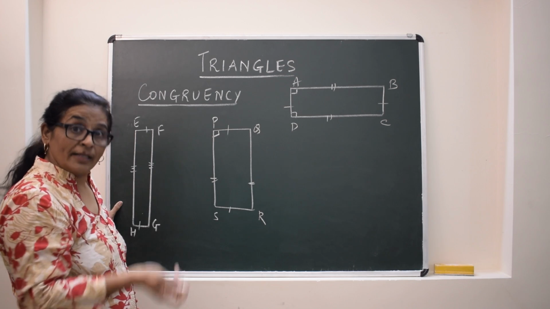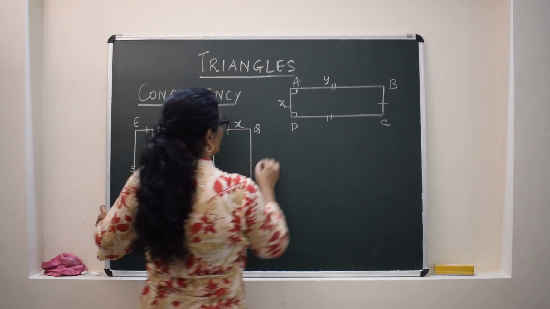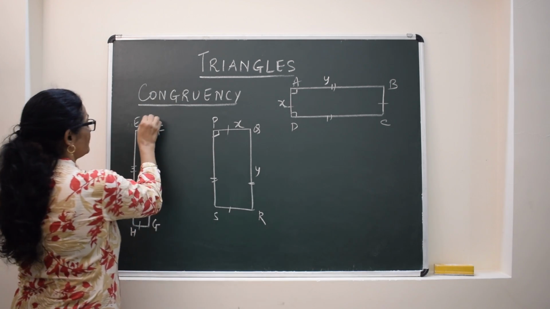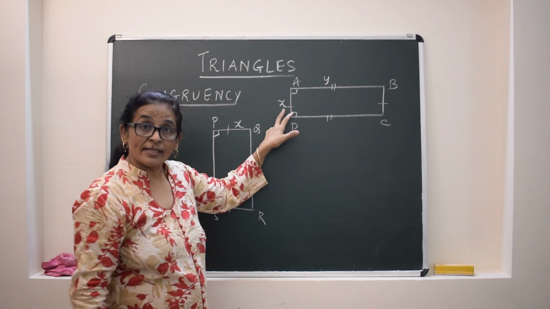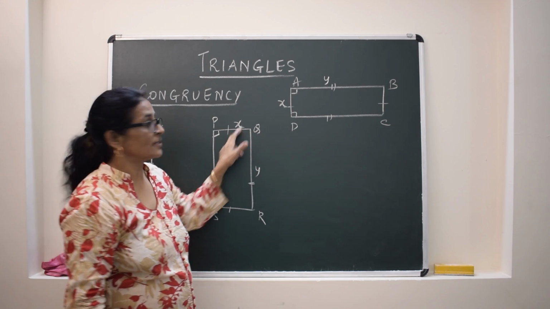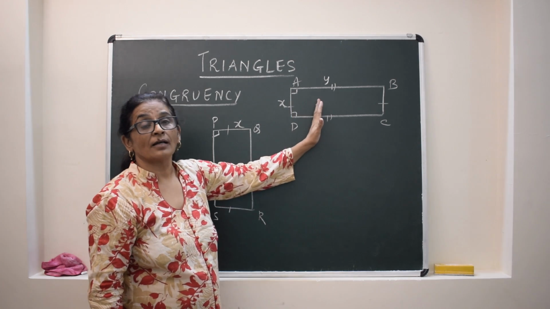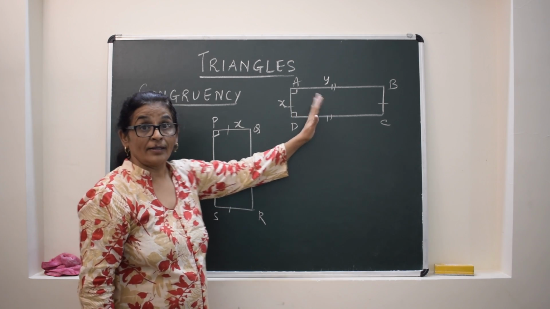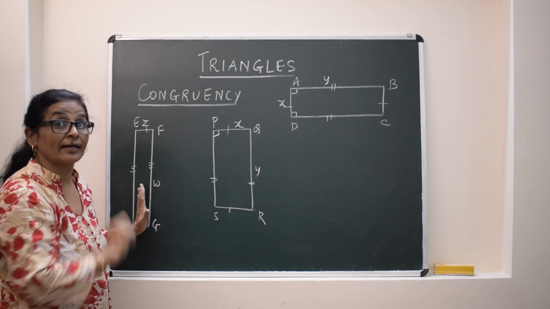But are they congruent? It depends on the length and the breadth. So here, if the breadth is x, here also the breadth is x, the length is y, the length is y. So these two rectangles are congruent. And they both are not congruent to this one, although all three are rectangles.